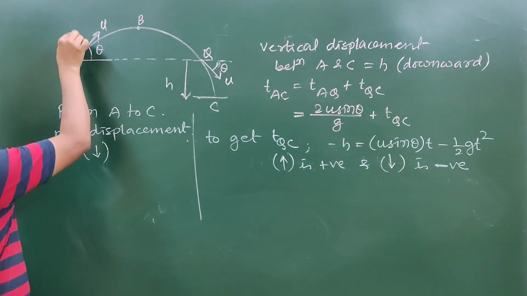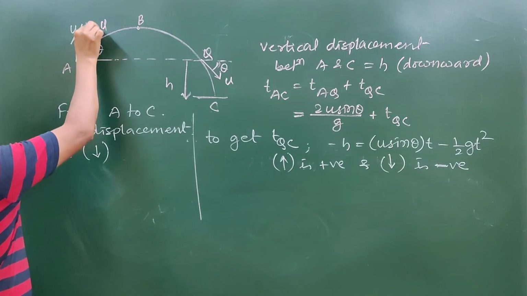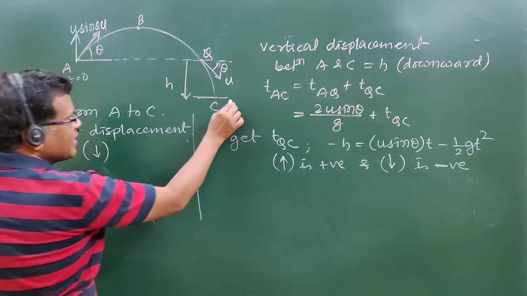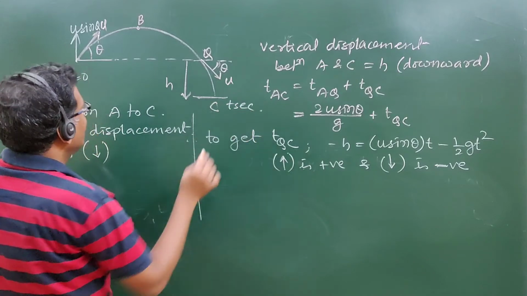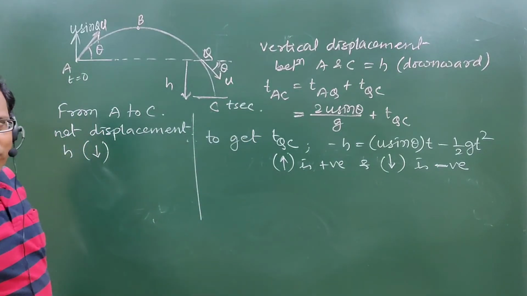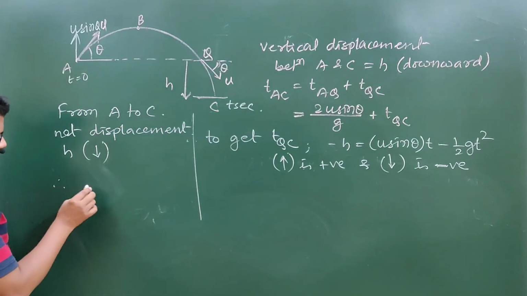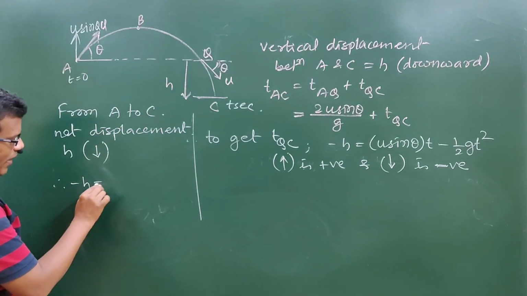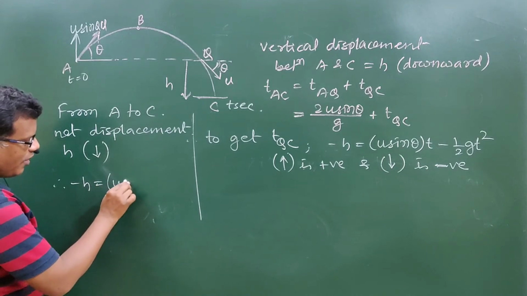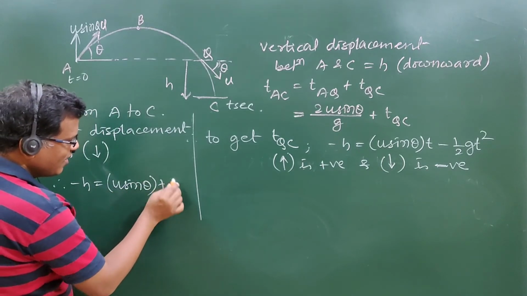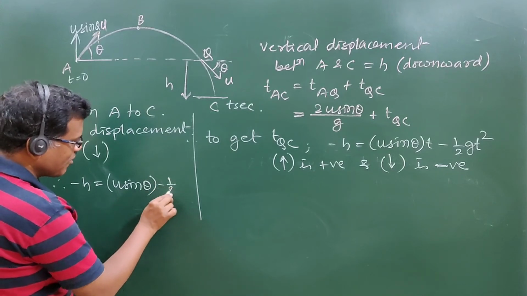So being the upward velocity u sin theta, taking this point as the starting point t equal to 0, and this is at t second, right? So overall time of journey can be calculated by considering, again same way, minus h is equal to u sin theta plus minus half gt square.